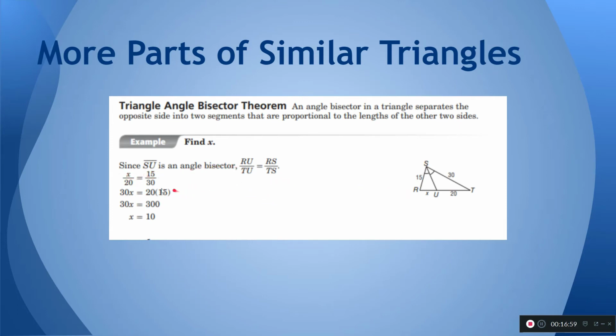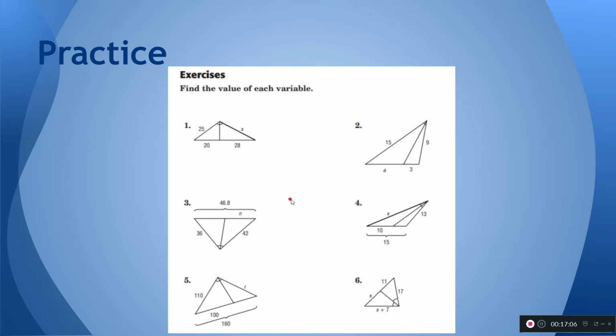Because I think by now you should probably be getting used to how to do this cross multiplication here. So we've got our new problems here solving for x, just like with all the others. We've got to set up our proportions properly so that we can then cross multiply and find the right answers. Go ahead and pause and work on these.